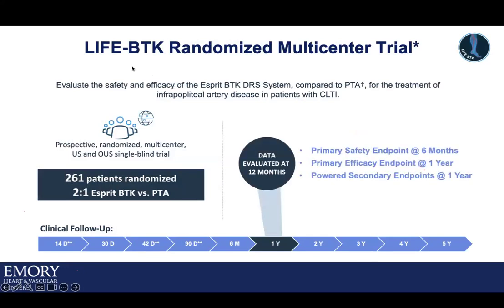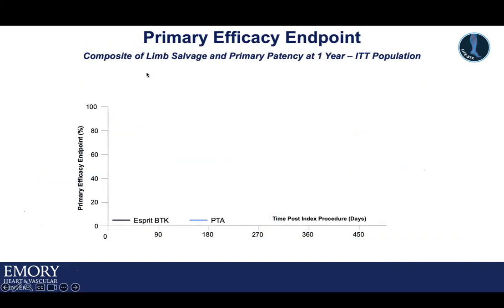And so in this trial, they involved 260 patients. They were randomized 2-to-1 to regular ballooning versus scaffolds for below-knee intervention, specifically in CLTI, and were followed for 1 year.